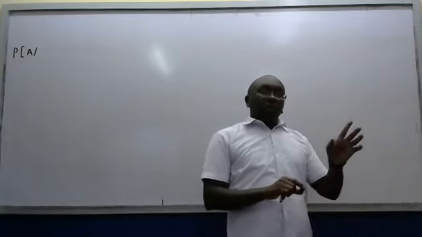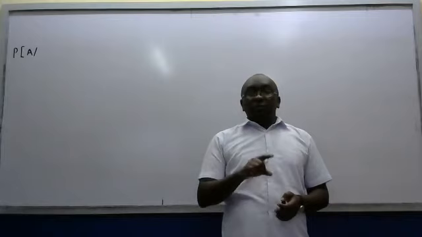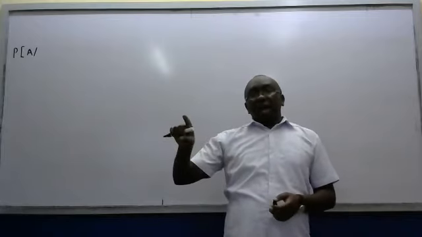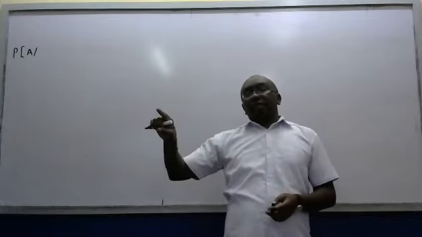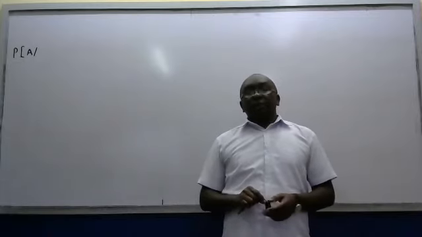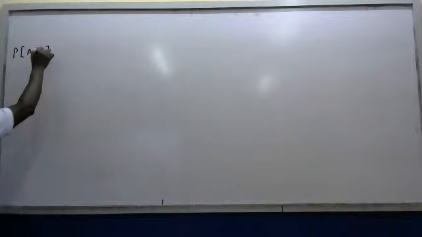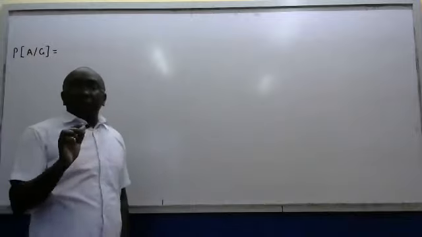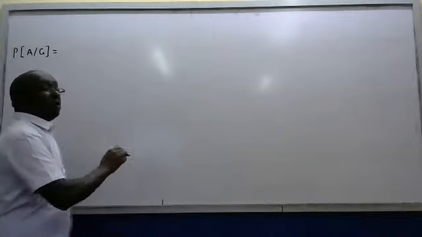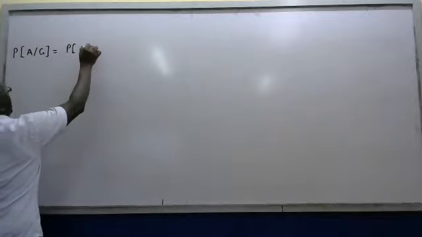When you follow it in a reversed manner, who do you find? Gold. Good. So that is how it's written: A, G. And as we have written in the general formula, this one will open as probability of A and G.